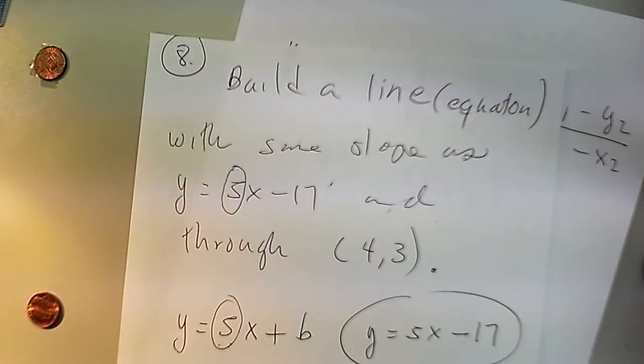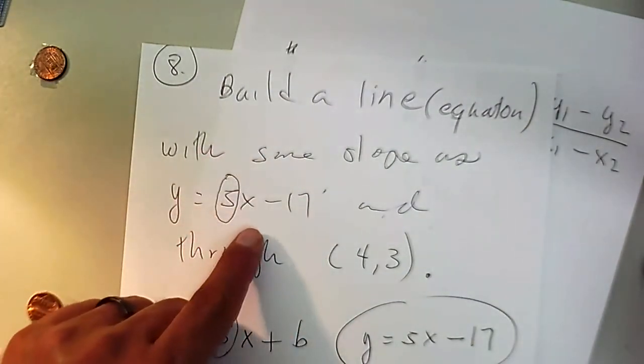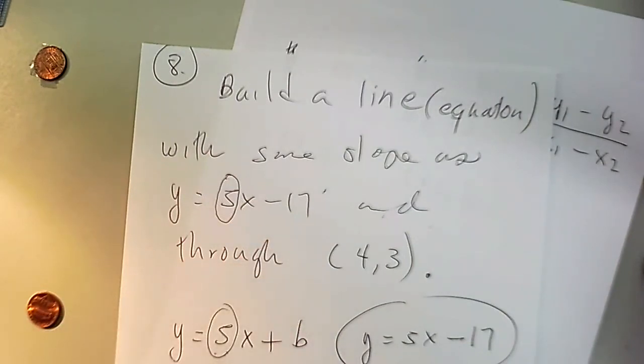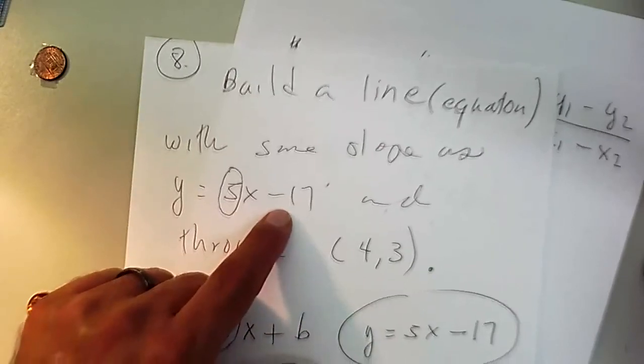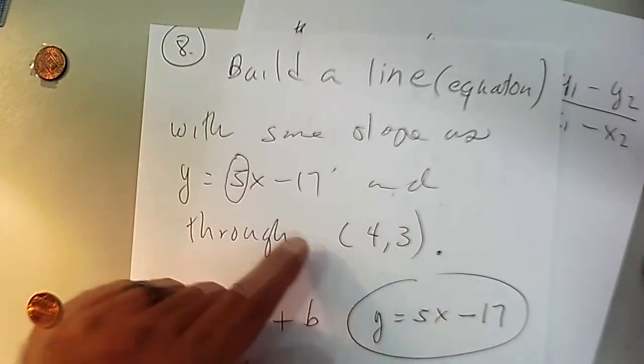Wait a minute. I'm just looking at this. Build an equation. I just realized this is a 17 and so is this, and they're both negative. Let me just make sure.